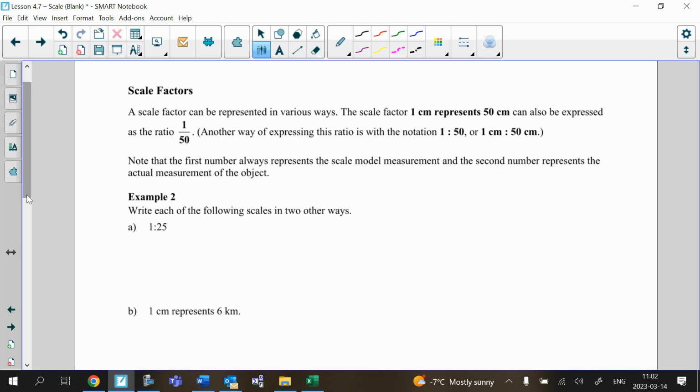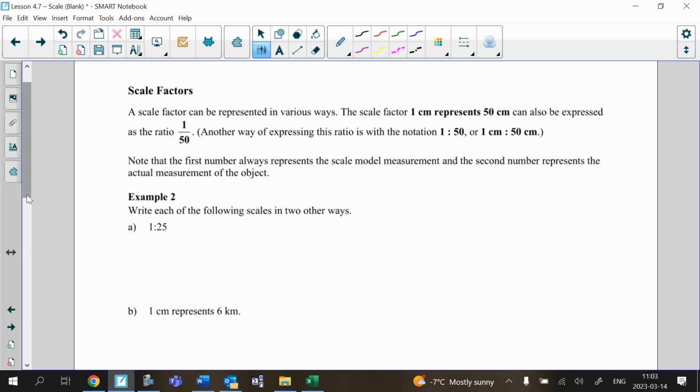You've got a smaller drawing of, say, the province of Manitoba on a map. And then there's a scale factor that tells you 1 centimeter on the map of Manitoba means 100 kilometers in actual distance. That way we can draw a reduced version of Manitoba.